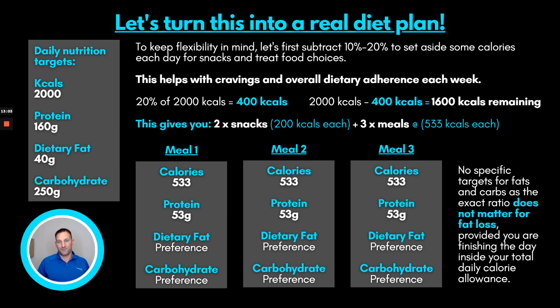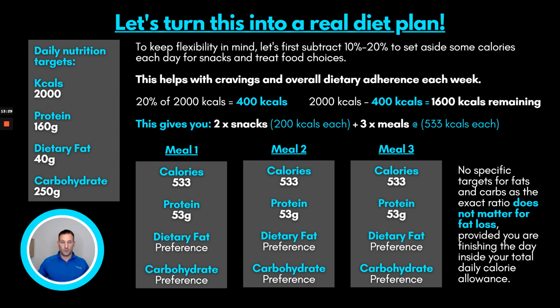So 533 calories. The main thing we're going to do here is to distribute your protein target of 160 across those 3 main meals. Okay, that may mean that you end up getting more protein than you need, but this is a good safe bet to make sure that we hit that protein target each day.